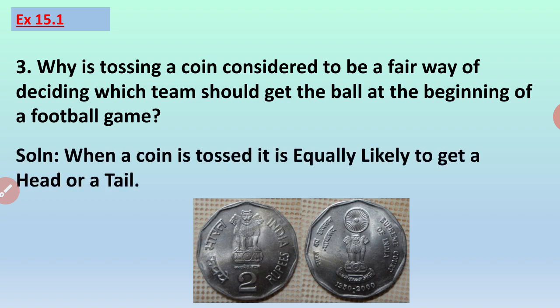The reason is that getting a tail or a head is equally likely. The chances are equal, or we can say the probability is equal. That is why we say that it is always fair to decide the beginning of a game by tossing a coin.